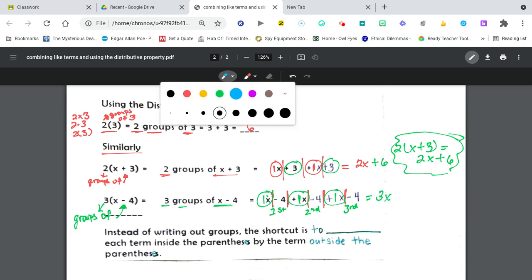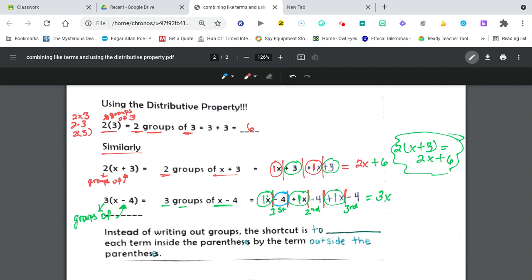And then I can combine my constants, negative 4, negative 4, negative 4. All of them are negative. So that means I can add them all together. Negative 4 plus negative 4 plus negative 4. That's negative 8. And negative 8 plus negative 4 is negative 12.